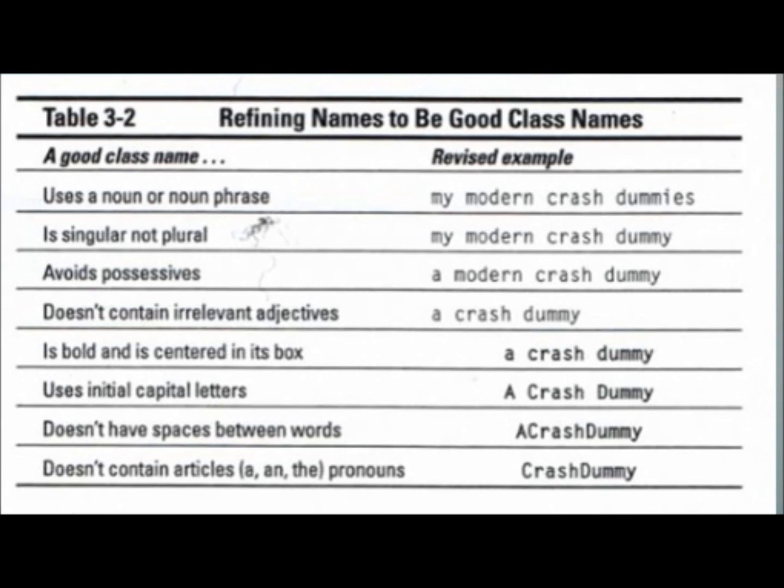And as you can see, they're just really focused. So it's singular, not plural, isn't possessive, uses capital letters, doesn't have spaces. So there's just a bunch of little rules, and this slide gives you the rules. So follow these rules to get your class diagrams.